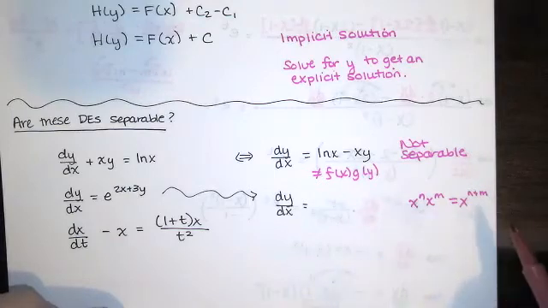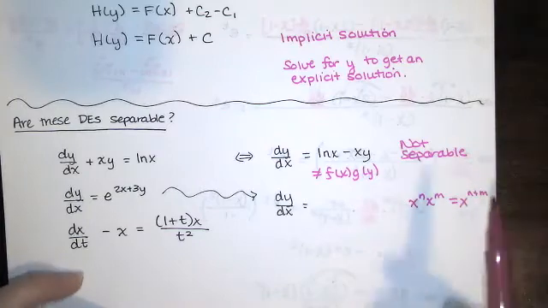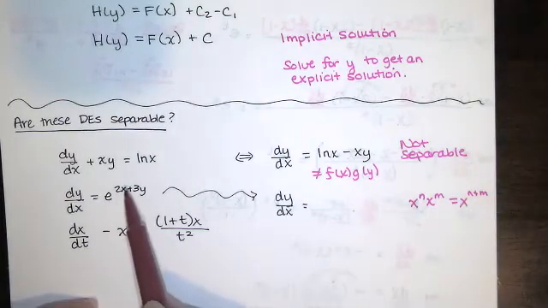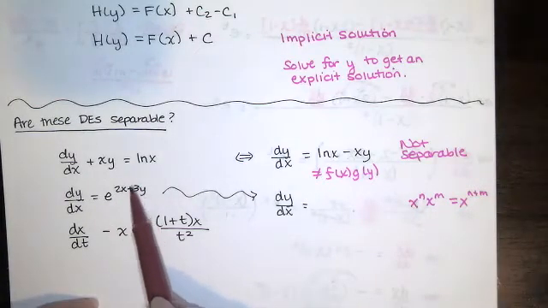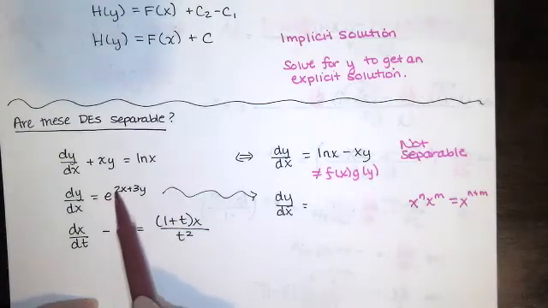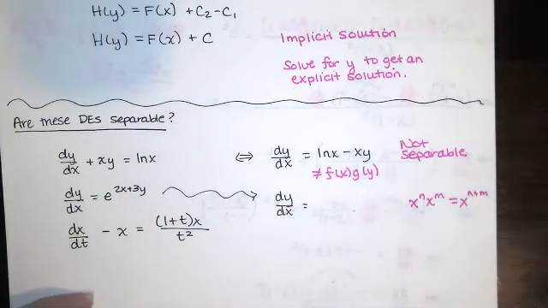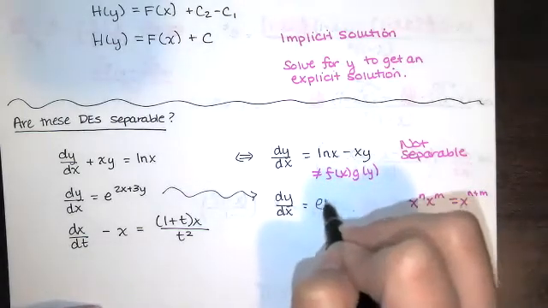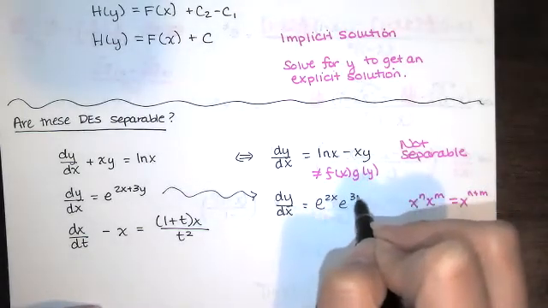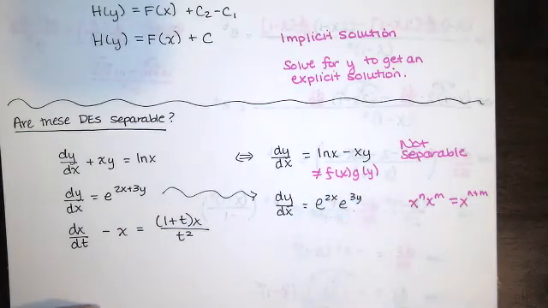And that's going to be true for any base. That could be a base 2 instead of a base x. So if I have e to the 2x plus 3y, well, I can separate that into an e to the 2x times an e to the 3y. It's just this rule backwards. So I've got a function of x times a function of y, so that is definitely separable.